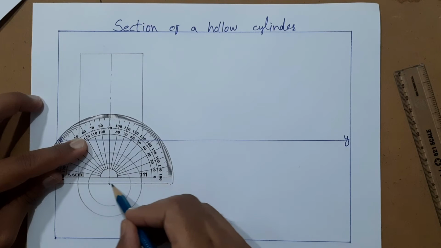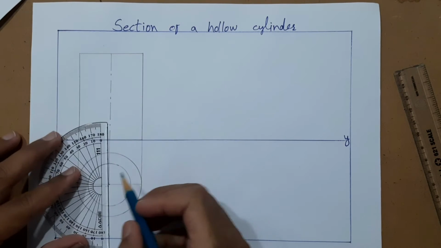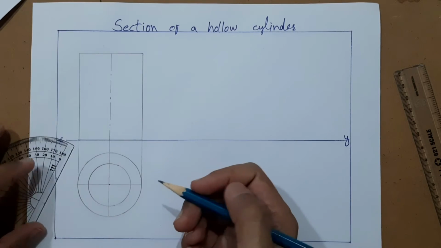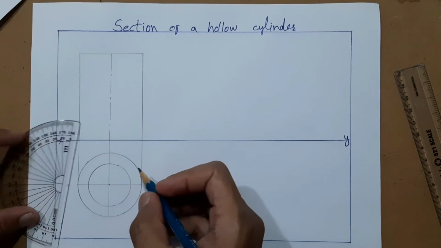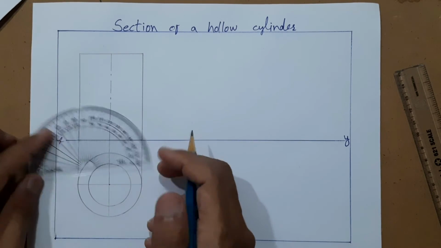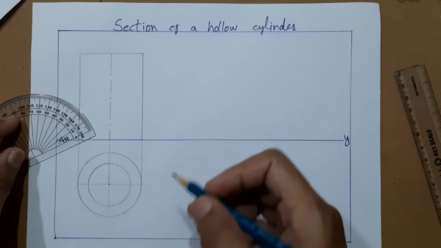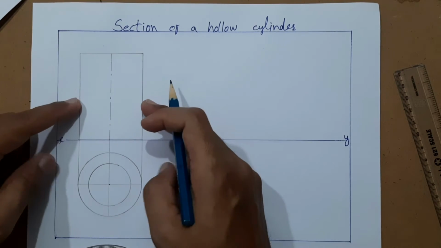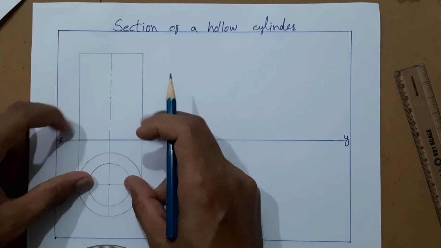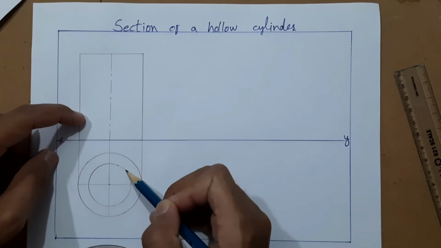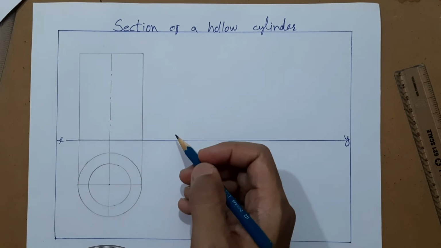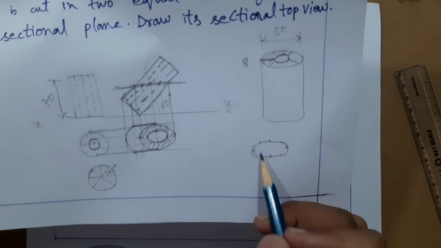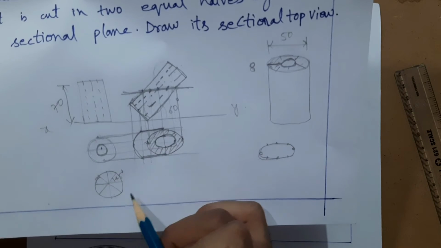These are construction lines I'm taking. Now we will divide it into 8 equal parts later on. First we will complete the partial problem. First I will be doing this outer cylinder, then we will go for the inner cylinder, then we'll go for extra points so that our curve should be smooth as I have shown you previously. So that we'll get 8 points here if you divide it like this.